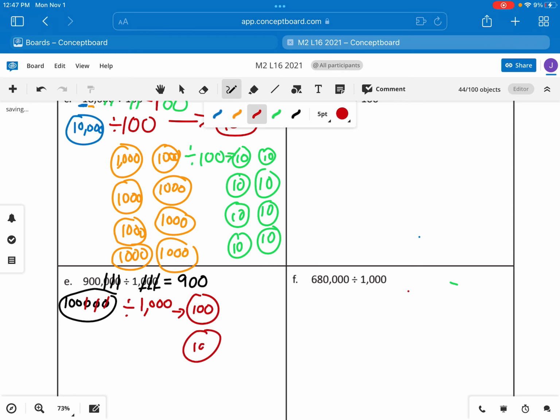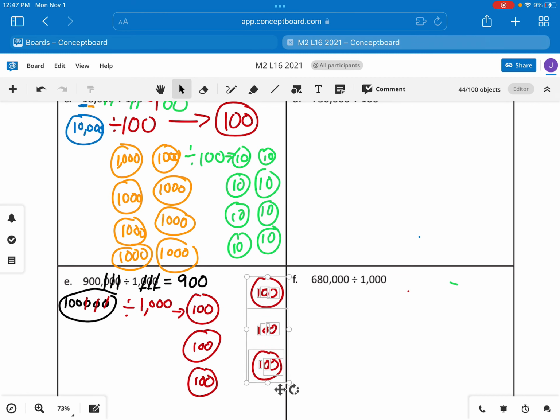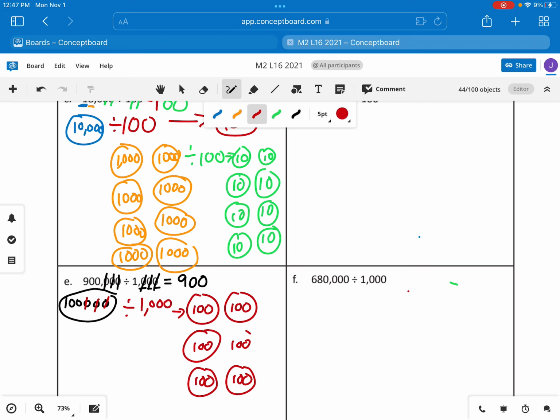So I can just draw 9 of these. Let's see if this works. Kind of worked. That's why this is not my favorite one to do it on, but my other one broke down, so the app closed.